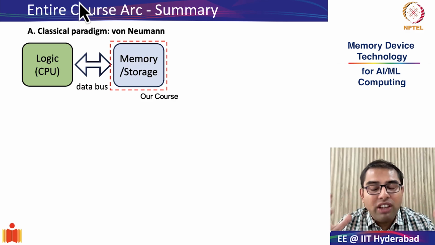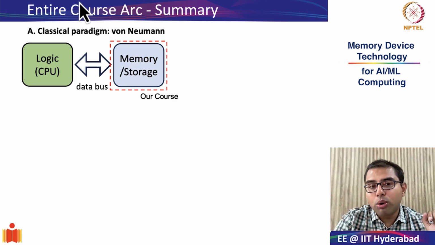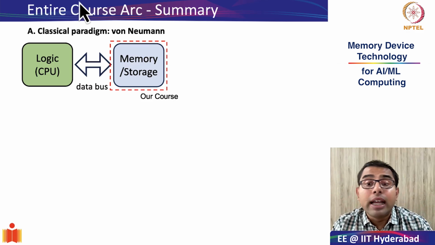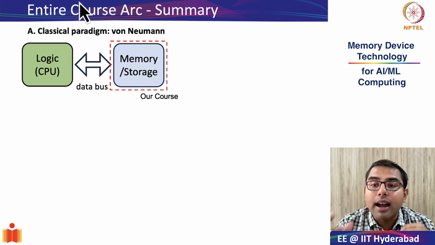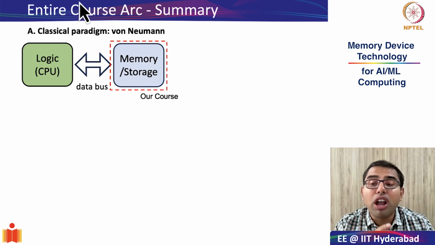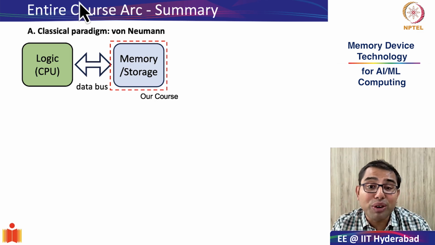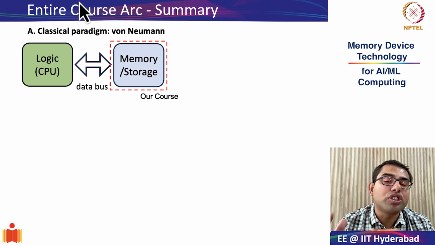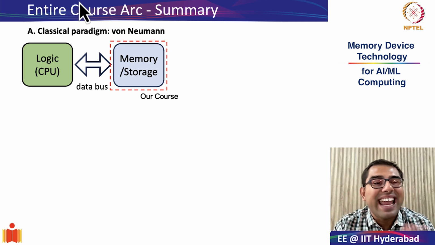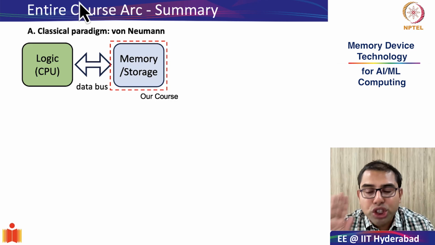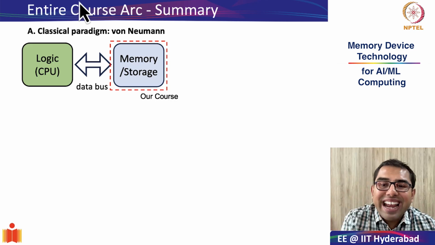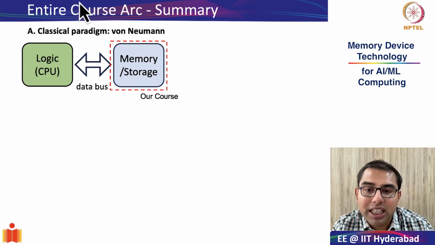And to address these key pain points, our course followed a particular arc. In this arc, we started with classical von Neumann computing, again an image that you're very familiar with. We saw that in von Neumann computing, you had a completely segregated CPU and storage, connected by the data bus.